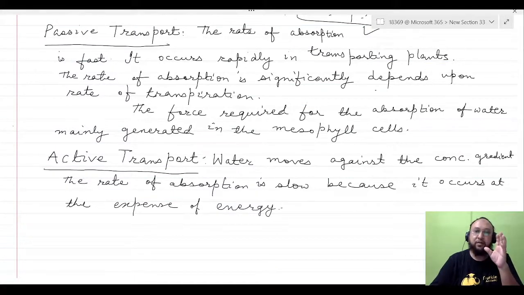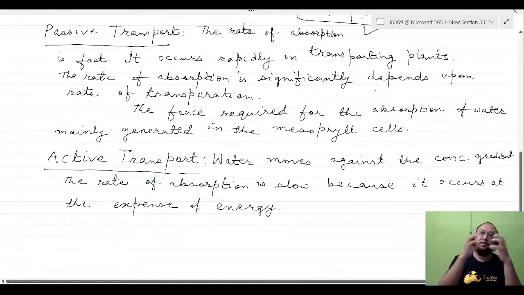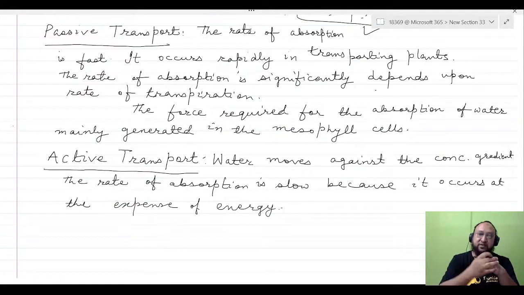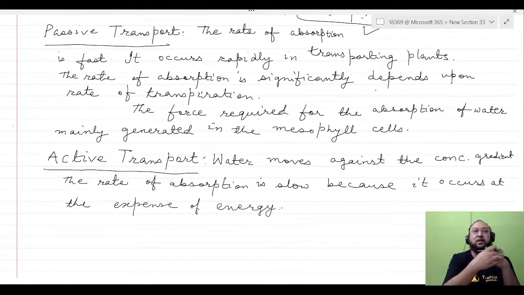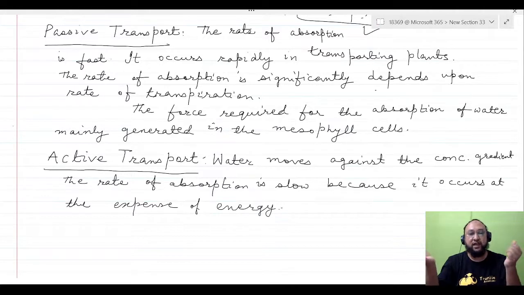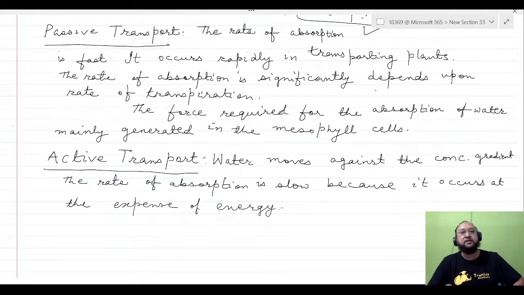About the force, water moves against the concentration gradient, from lower concentration to higher concentration, and the absorption rate is slow as compared to passive transport, because in passive transport a high concentration of molecules moves passively to the lower concentration, and the rate of movement is very high. In case of active transport, for the molecules to move, energy is required.